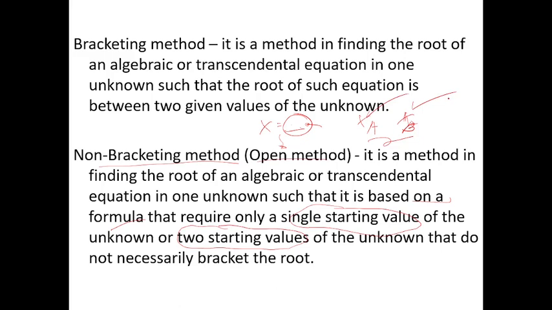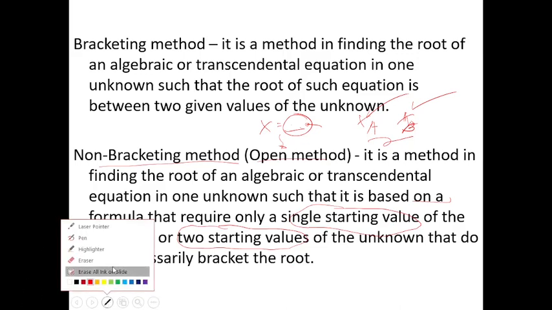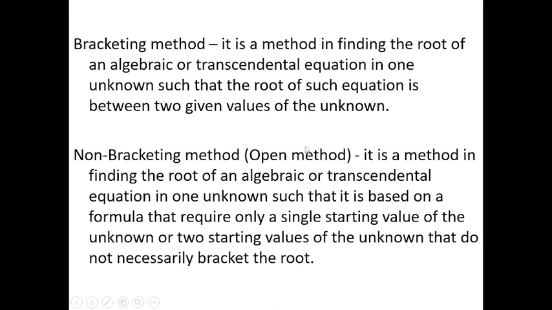Okay? So, ibig sabihin nun, pwedeng nakapagitan, pwedeng hindi. So, hindi maselan. Okay? So, pwedeng nakapagitan, pwedeng hindi. So, that do not necessarily bracket the root. Okay? So, yun ang pinagkaiba niya sa bracketing method. Alright, so, let's continue.